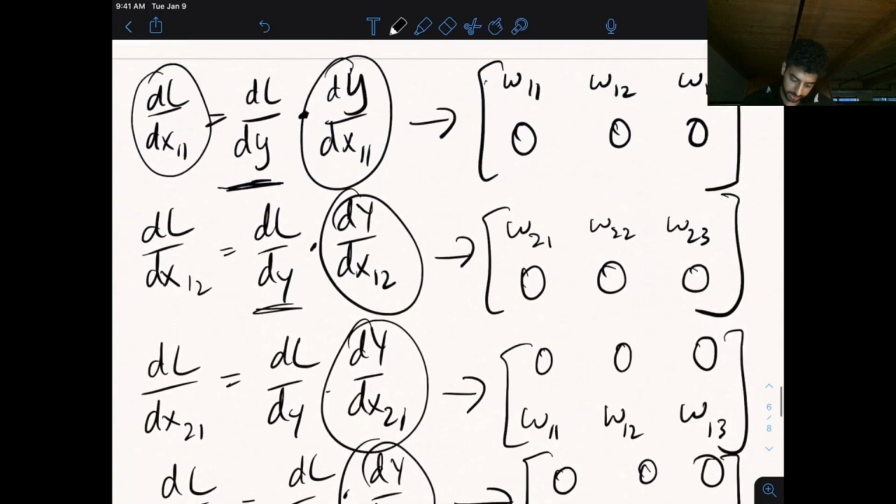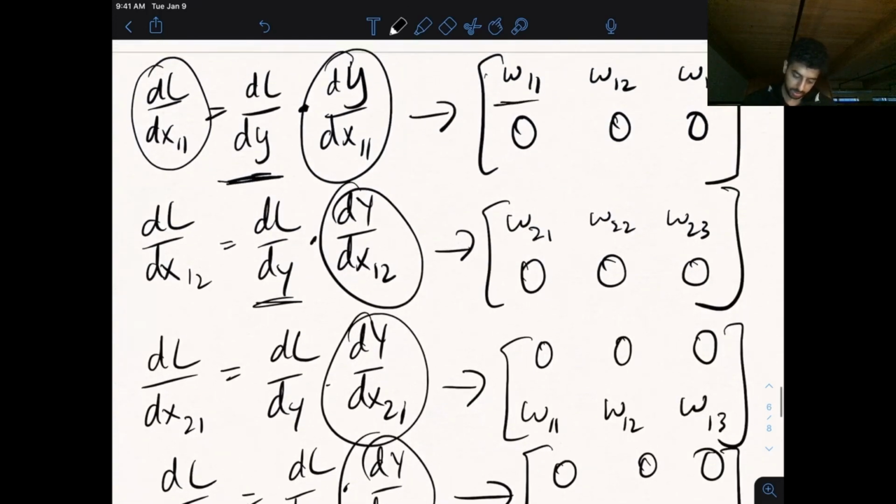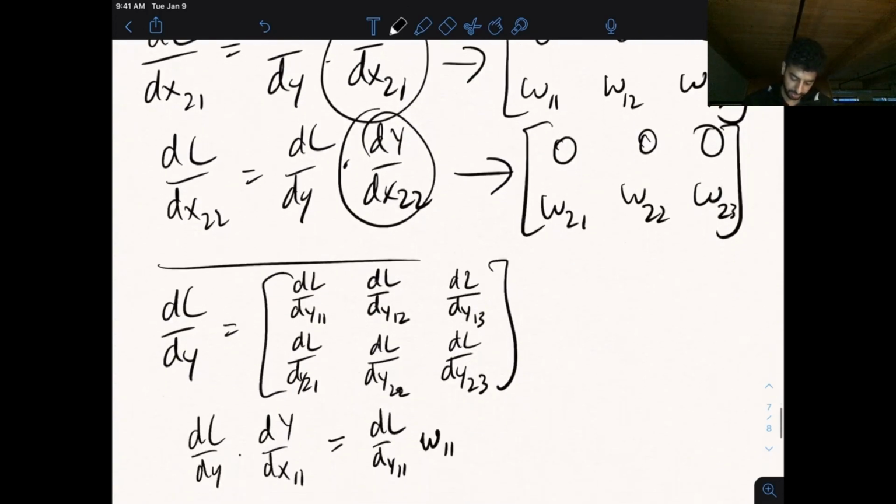This is the first element here. And then we're going to add that to dl dy12 times w12 plus dl dy13 w13.